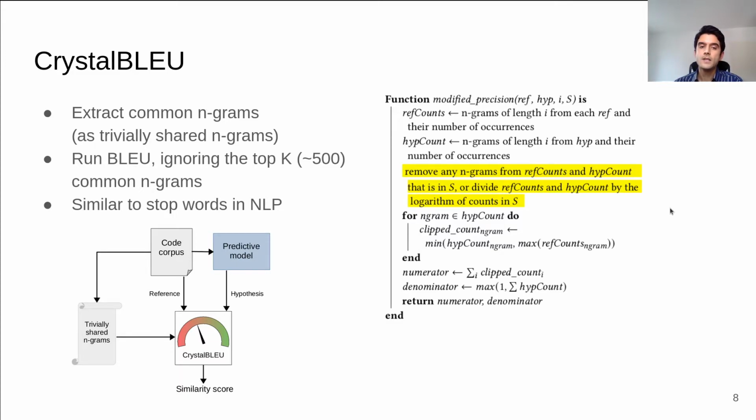And this is very similar to how stop words are used in the NLP field. And to give you an overview, so first we have a code corpus. We take a sample of it and then calculate the trivially shared n-grams. And then each time that we have some references and hypotheses and we want to calculate similarity, we calculate BLEU but ignore these trivially shared n-grams.